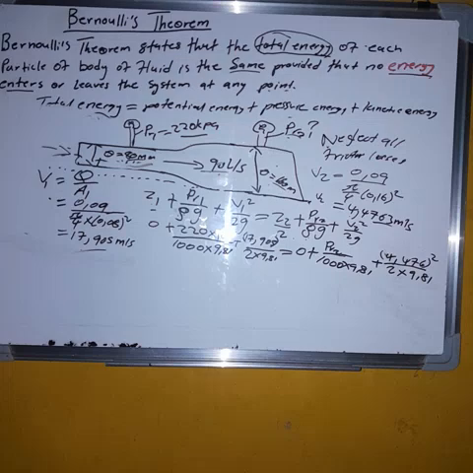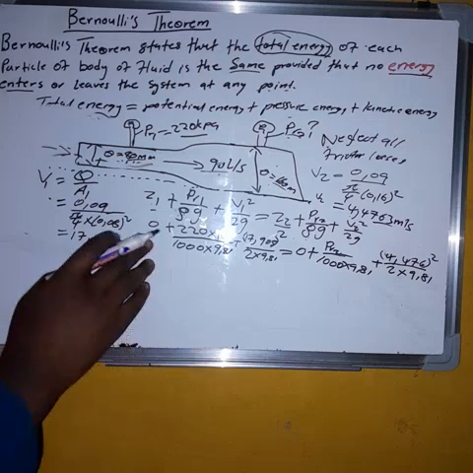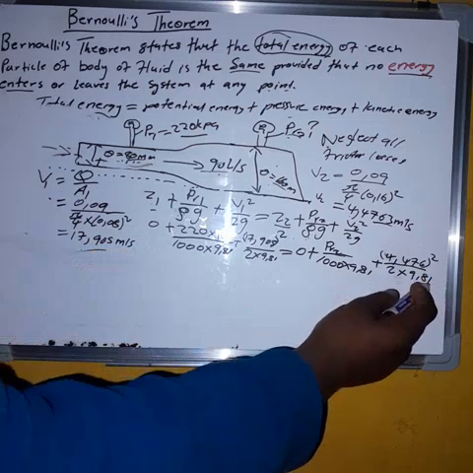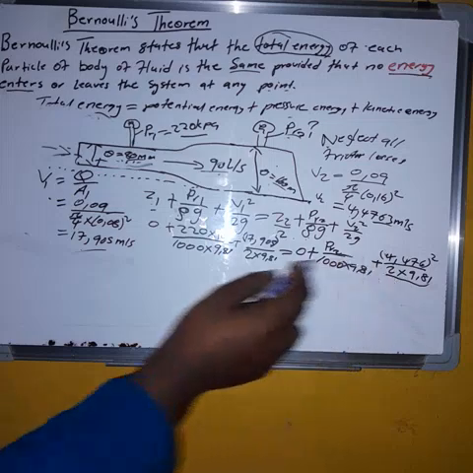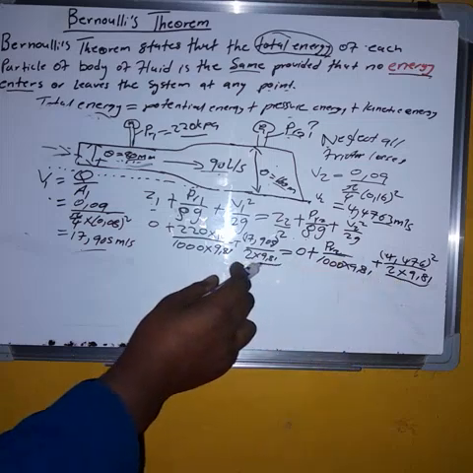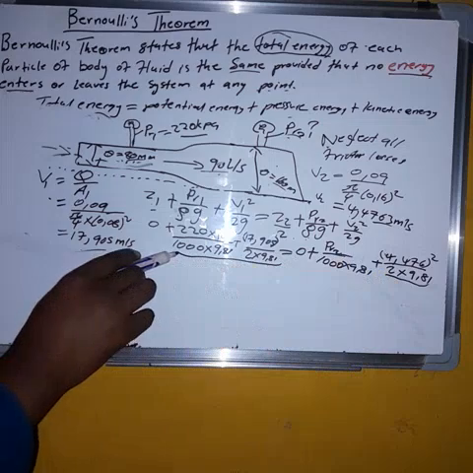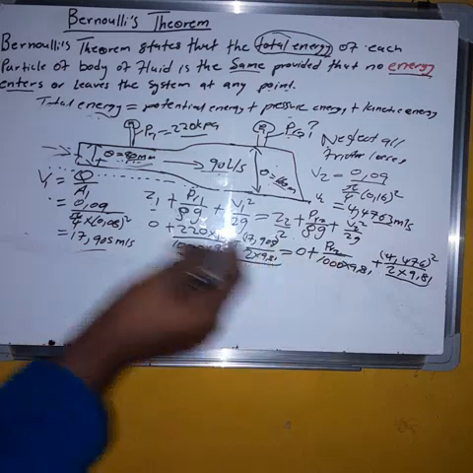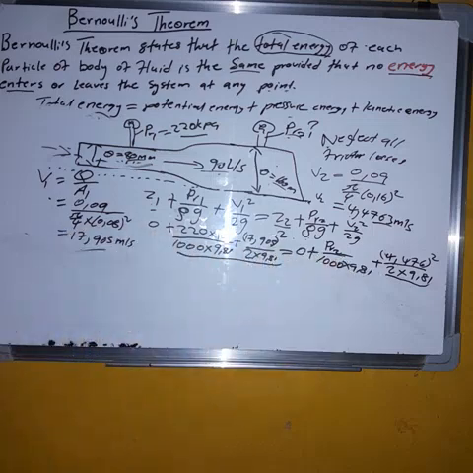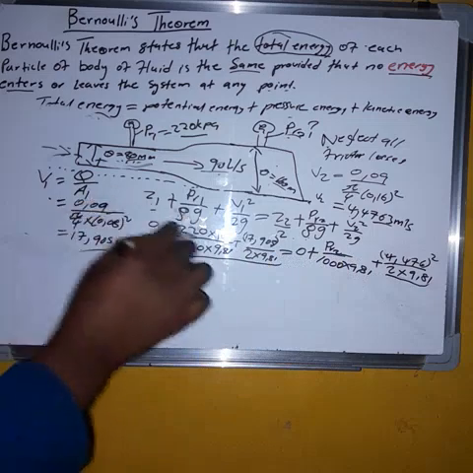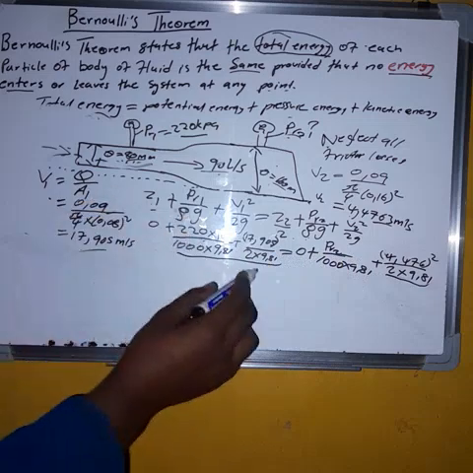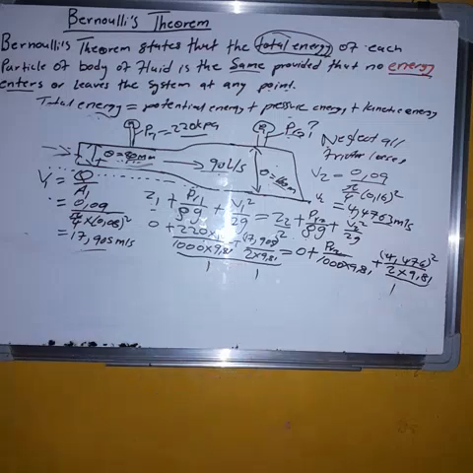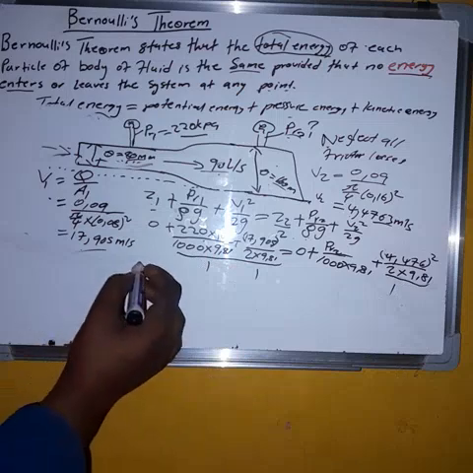You punch all of these entities on your calculator, step by step, and then transpose to the other side.